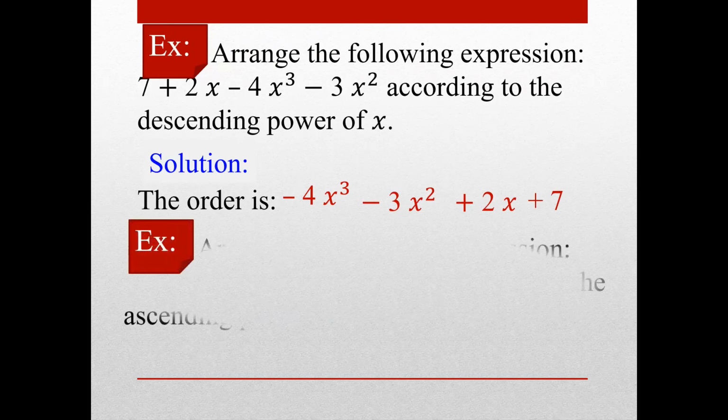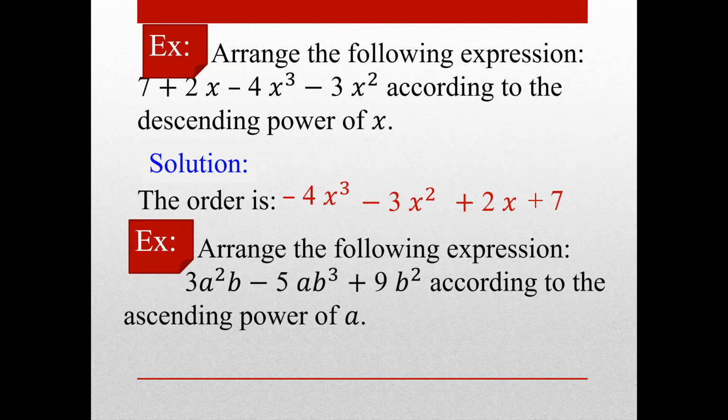Another exercise. Arrange the following expression 3a power 2b minus 5ab power 3 plus 9b power 2 according to ascending power of a. Ascending means from the smallest to the greatest power of a. Pay attention, a not b.